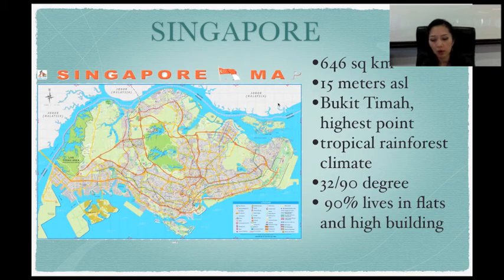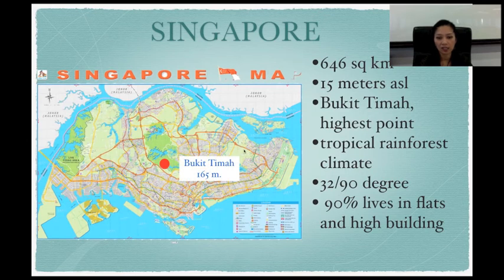Most of Singapore is no more than 15 meters above sea level on average. The highest point in Singapore is Bukit Timah, with a height of only 165 meters, and I've been there.